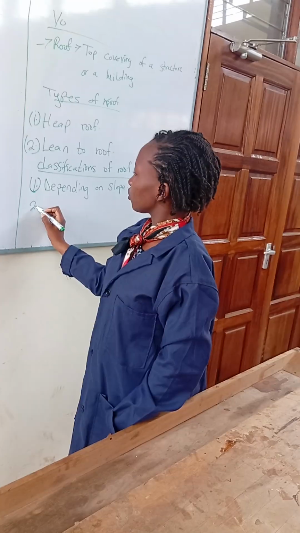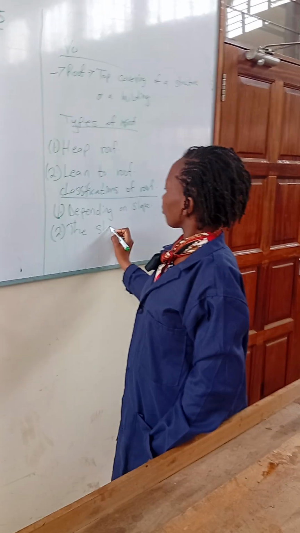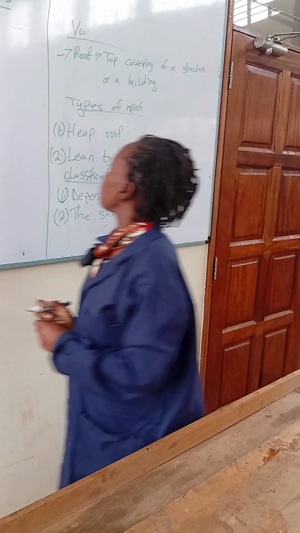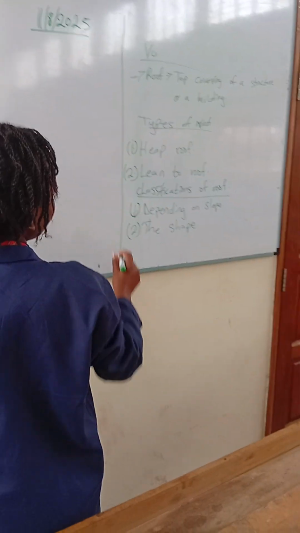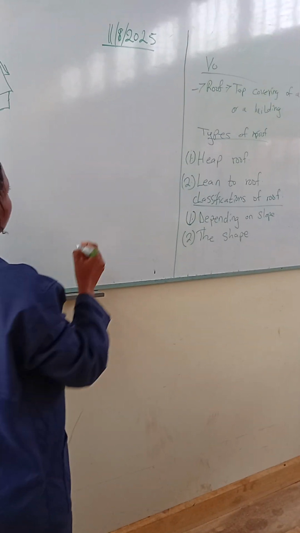And number 2, the shape. The shape of the roof. So when we talk about the direction or slope, that is what we mean.